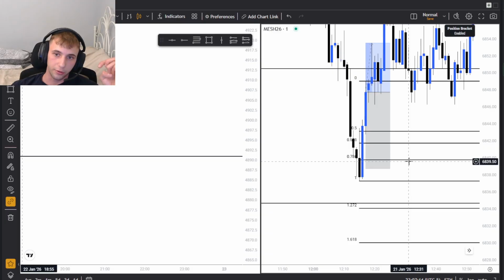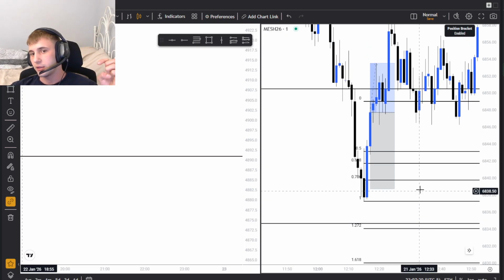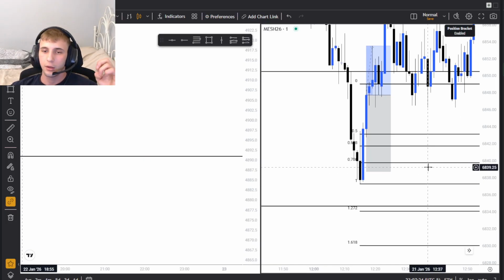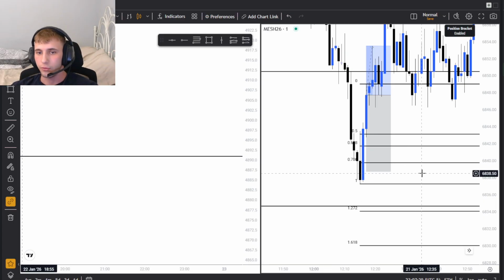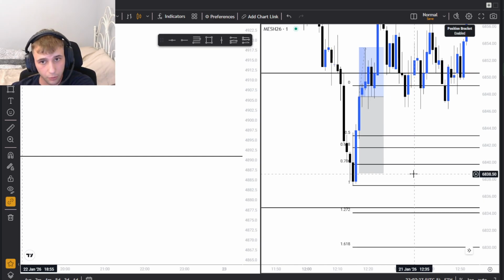Even if we don't close below it, there's still a very decent possibility that we may continue down. Why? Well, because there's a lot of selling pressure. I'm not saying don't use this level as a means to indicate a break of structure, because it very well could be one.